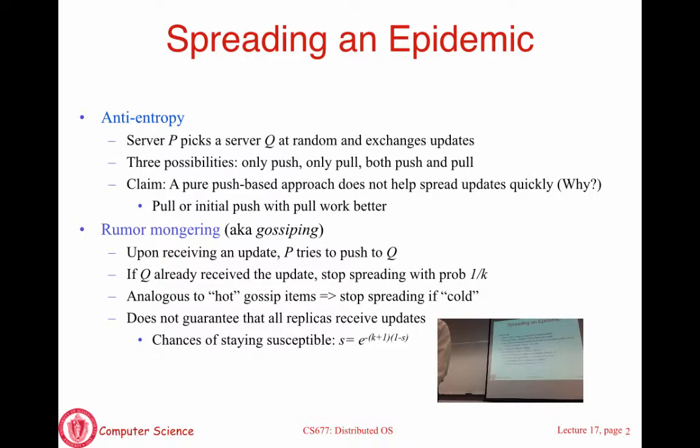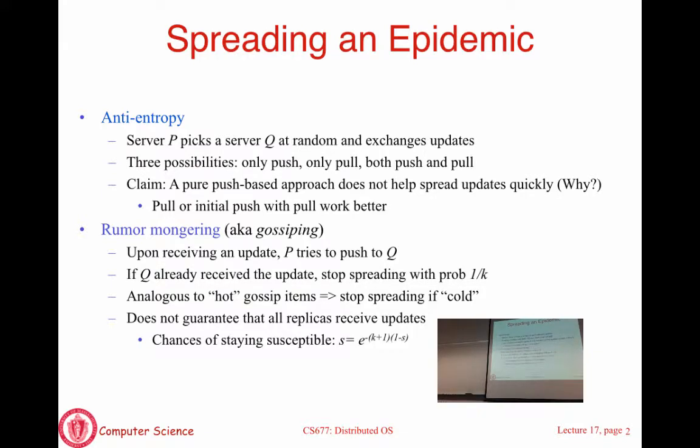The answer is that the pure push-based approach is not going to help you push the updates to all of the replicas. Initially, it will be successful, but after a while, its effectiveness will diminish. Can you think of why that may be the case? Yes, Patrick. As the updates become more propagated throughout the system, the probability of choosing to push to a machine that doesn't have the update becomes less and less. Okay, that's exactly right.